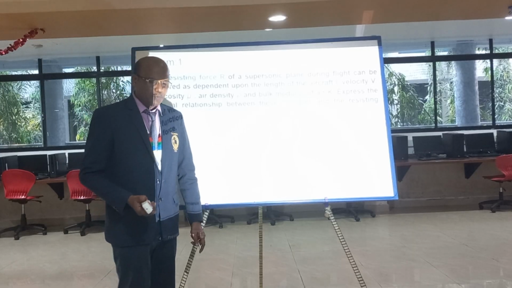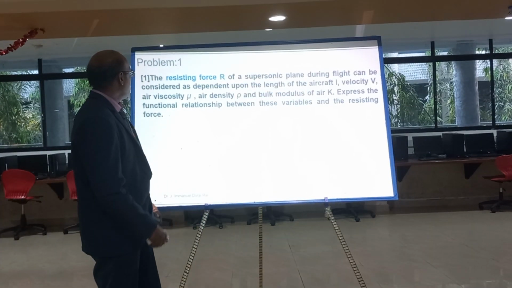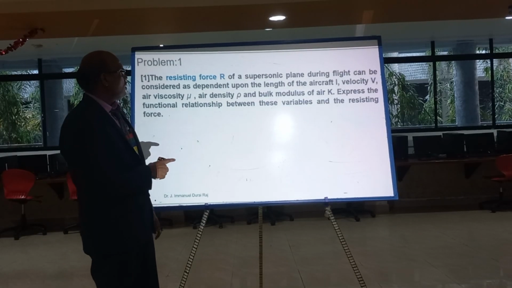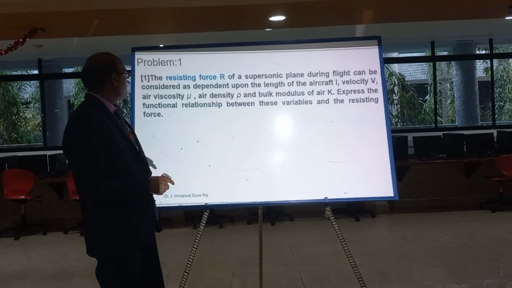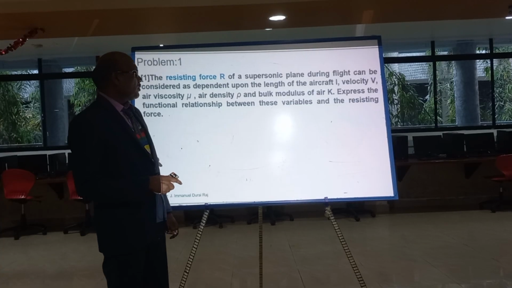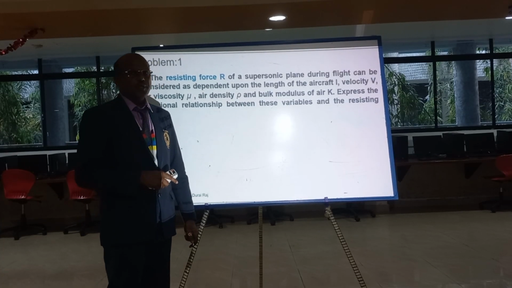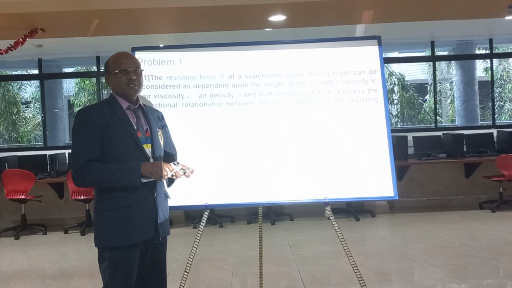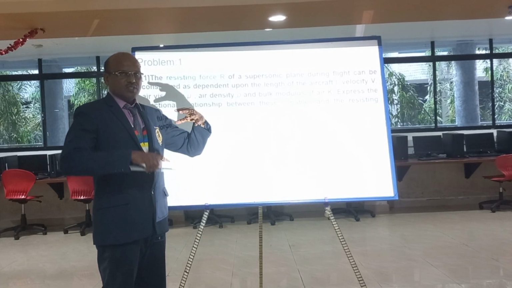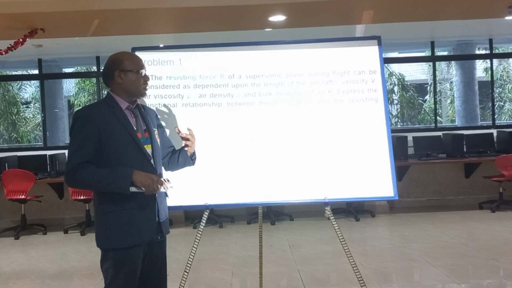Okay, do the problem. The resisting force R of a supersonic plane during a flight can be considered as dependent upon the following. Flight is flowing and experiences some resistance. So what parameters does the resistance of the flight depend upon?